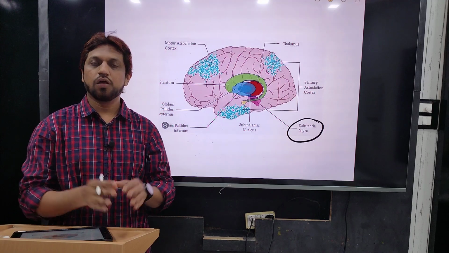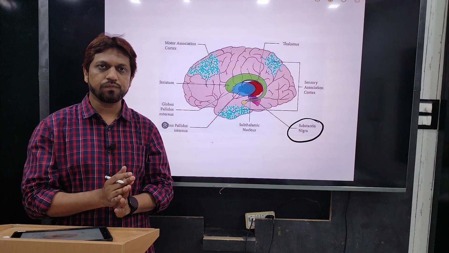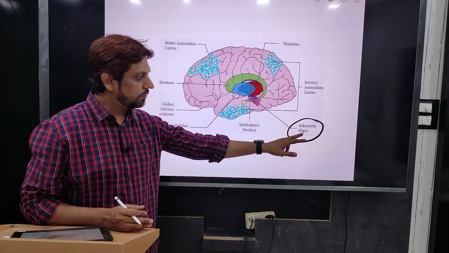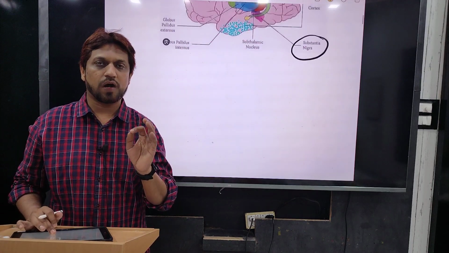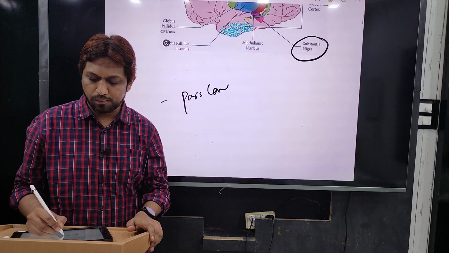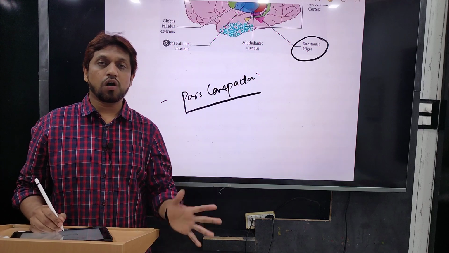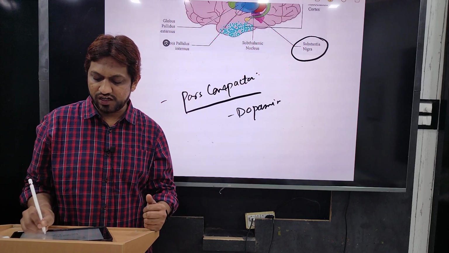The basal ganglia are masses of grey matter in the central nervous system. In the upper part of the midbrain, there is the substantia nigra. In this substantia nigra, there are two parts, pars compacta and pars reticularis. In the pars compacta of the substantia nigra, the neurons which secrete dopamine get degenerated.